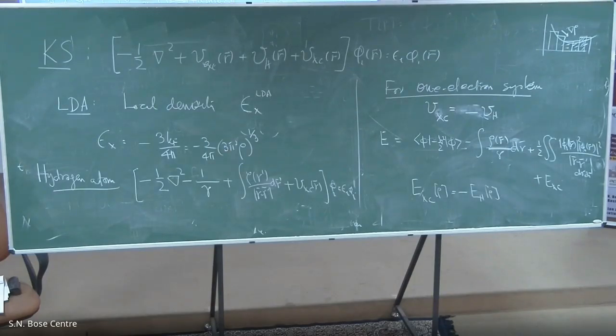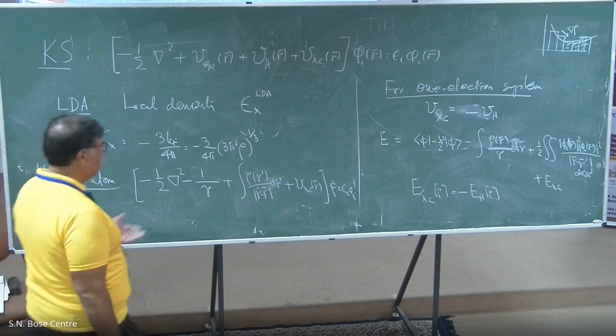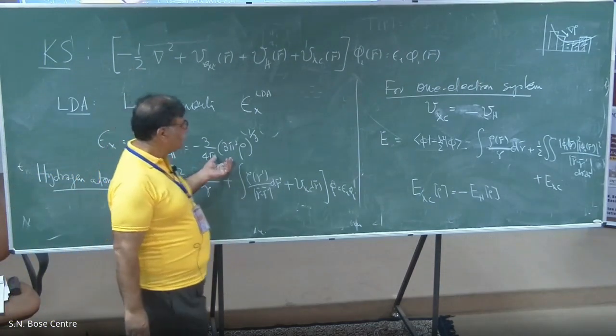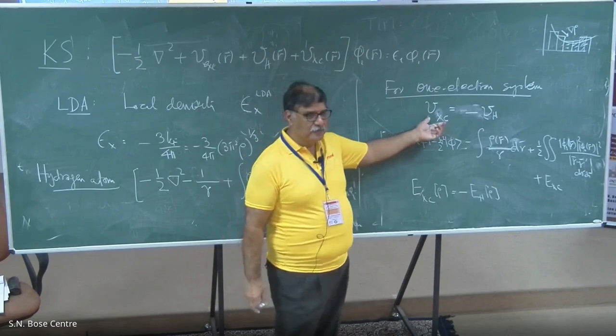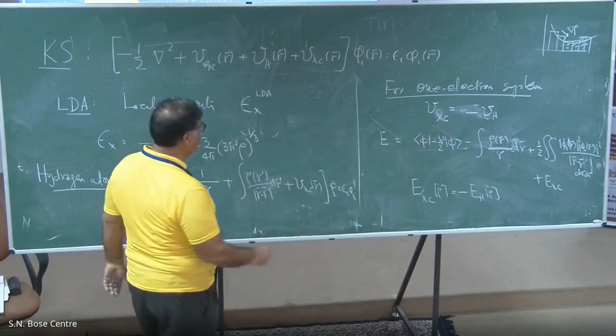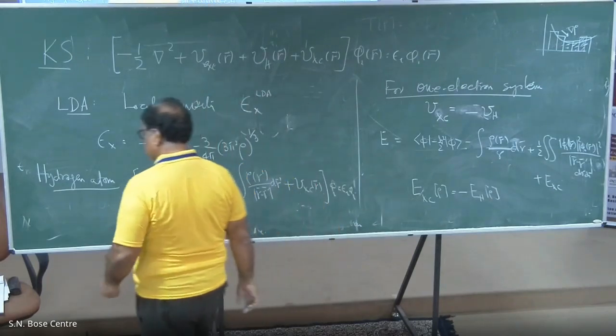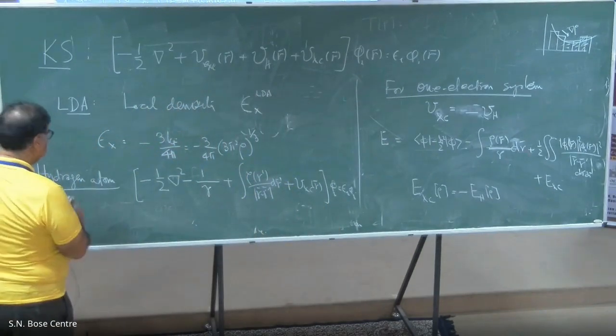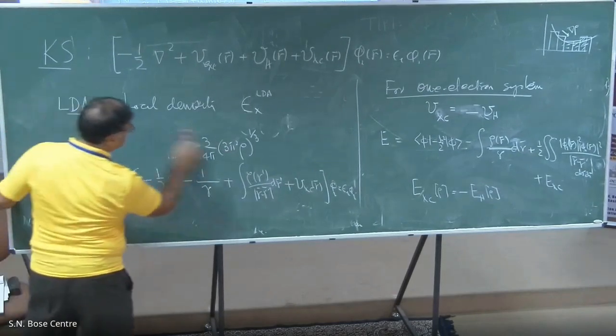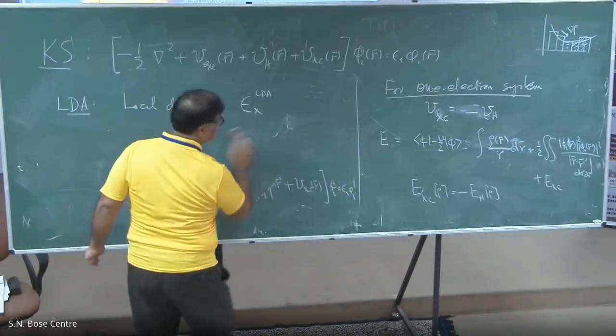And now look at LDA. Do you think this can cancel it? So now let's see what happens in LDA. This should happen in exchange and exchange correlation both. So now let's see.